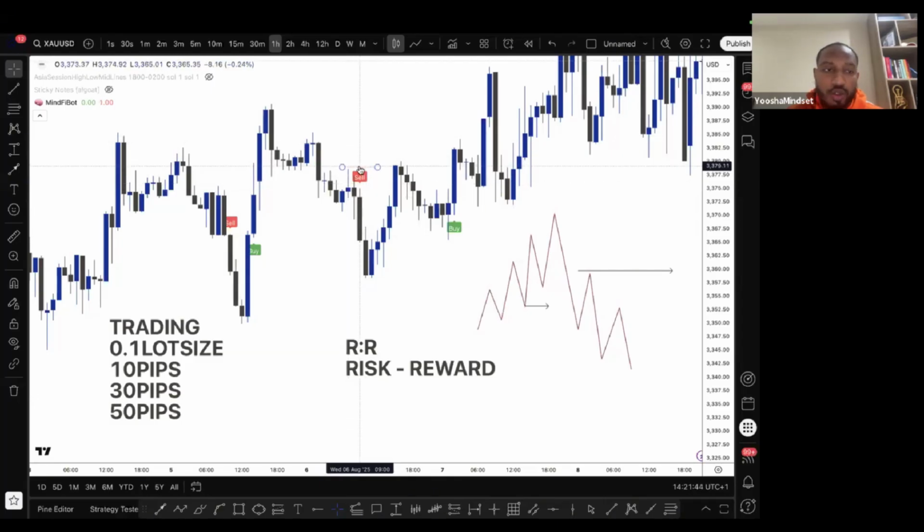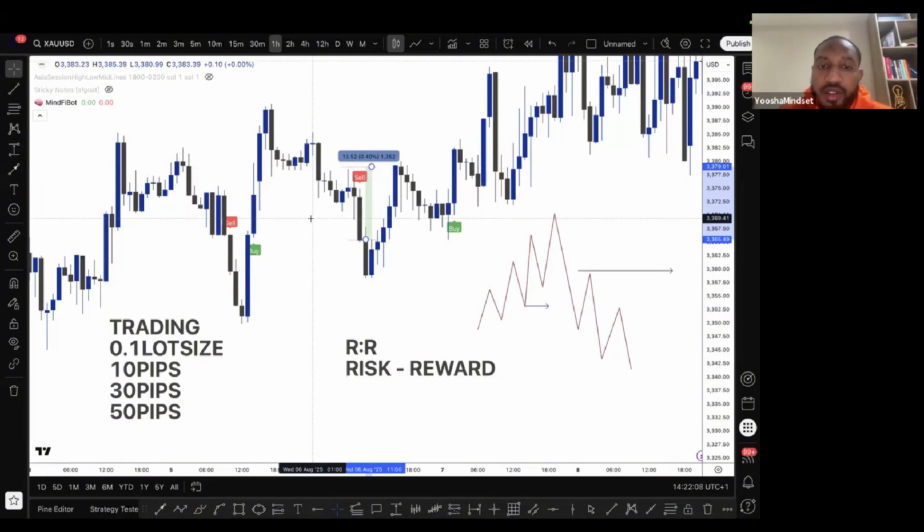So that is the structure. If you open a position here after this candlestick printed and you want to risk $50, you need to calculate, from this entry to above that structure, how many pips is equivalent to $50?